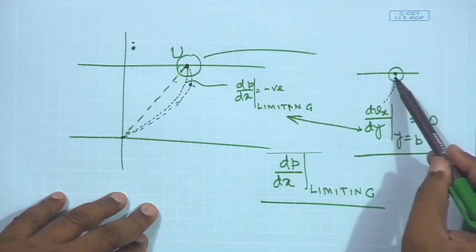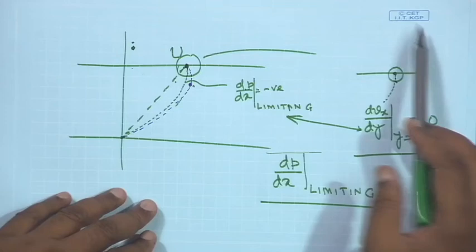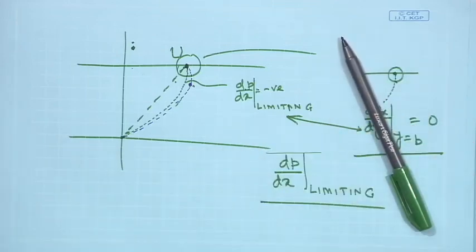Now, if you look at the profile that we have drawn over here, the value of dvx/dy is equal to 0 under the limiting condition. If this value is 0, then you get an interesting result: under this limiting pressure gradient, you do not need any force to sustain the motion of the top plate. So, the top plate would perpetually move if you can maintain the limiting condition as it is.